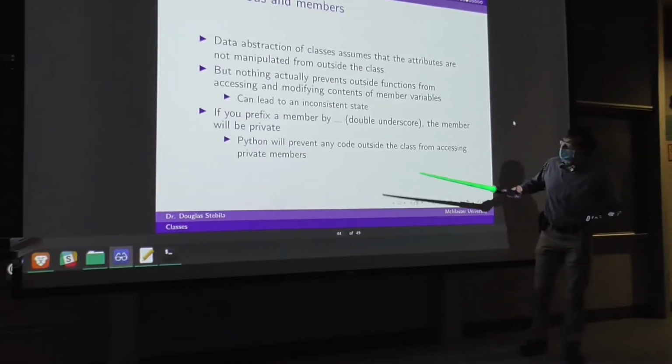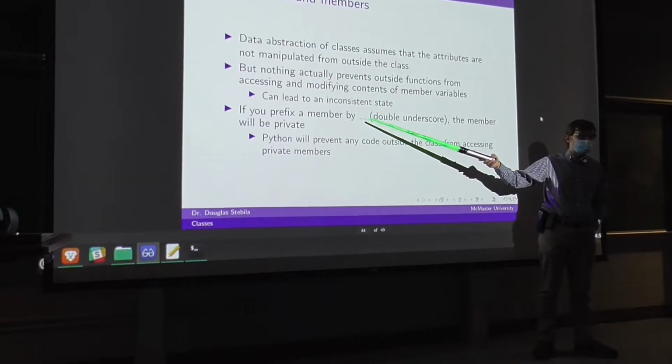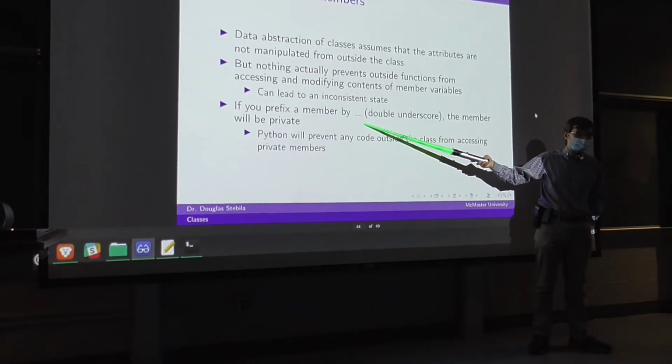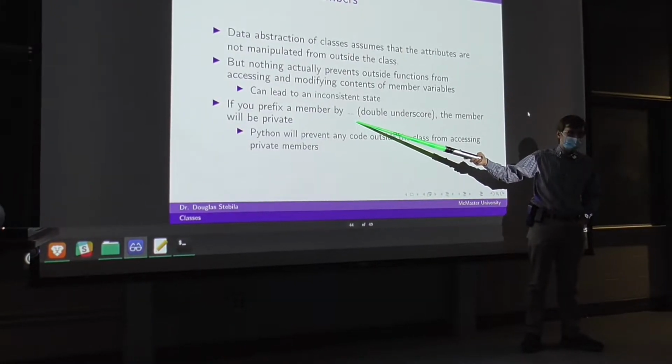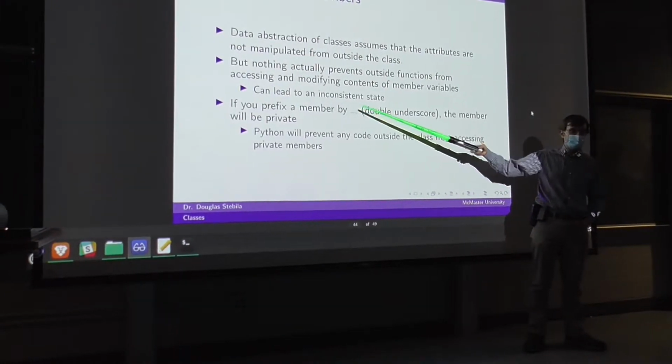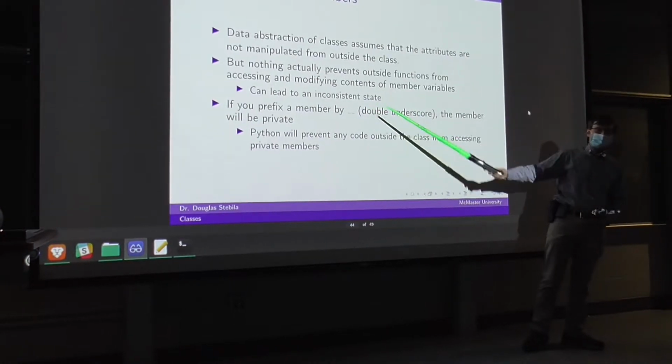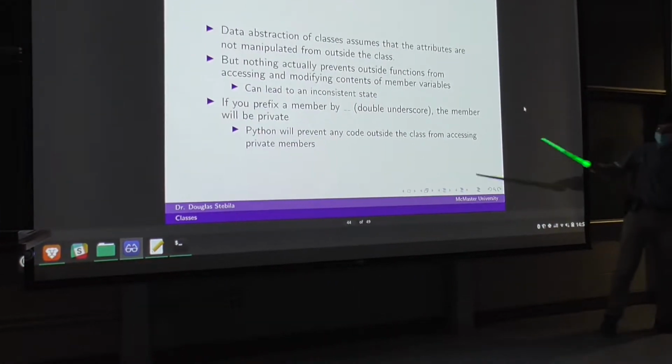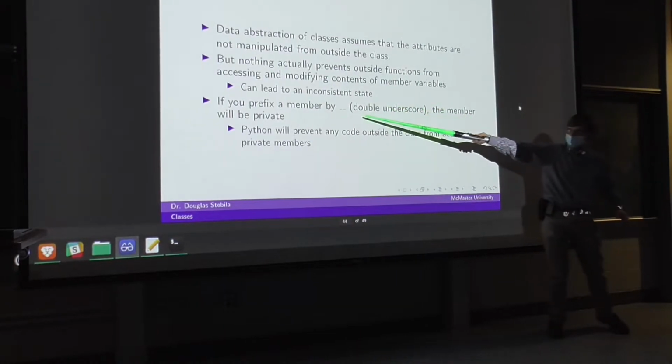In Python, you actually have to include this double underscore every single time you use the variable, because it's part of the variable's name for no particular reason except to annoy me.